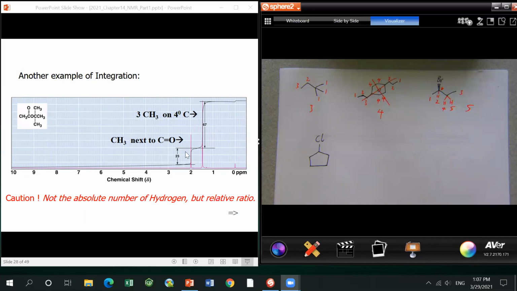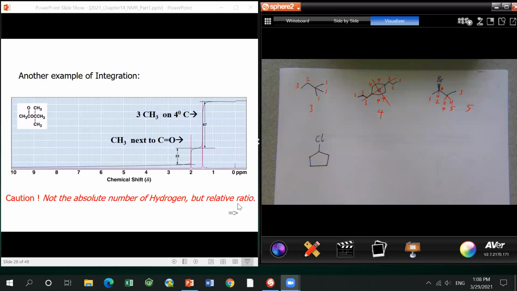The integration for these 2 peaks is 23 to 67, relatively close to 1 to 3. Just keep in mind that the integration shows relative ratios, not exactly the number of protons.